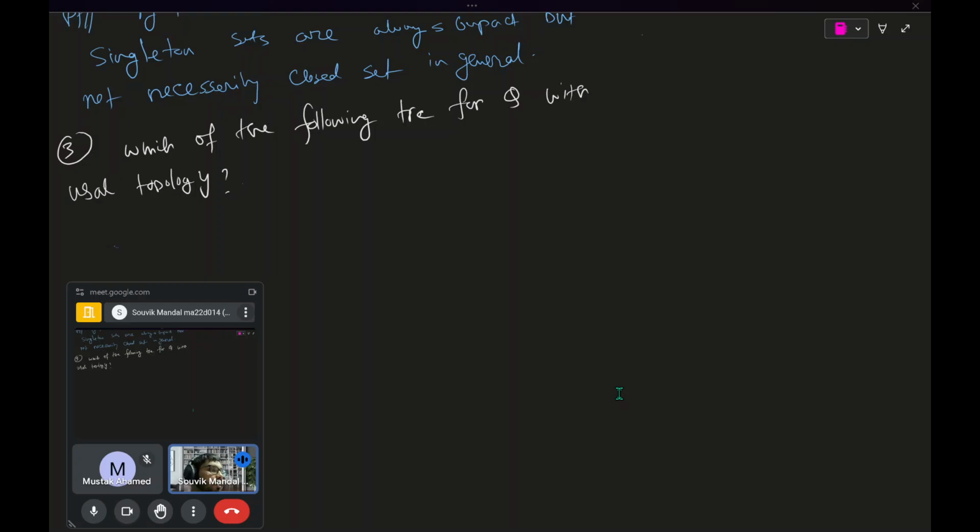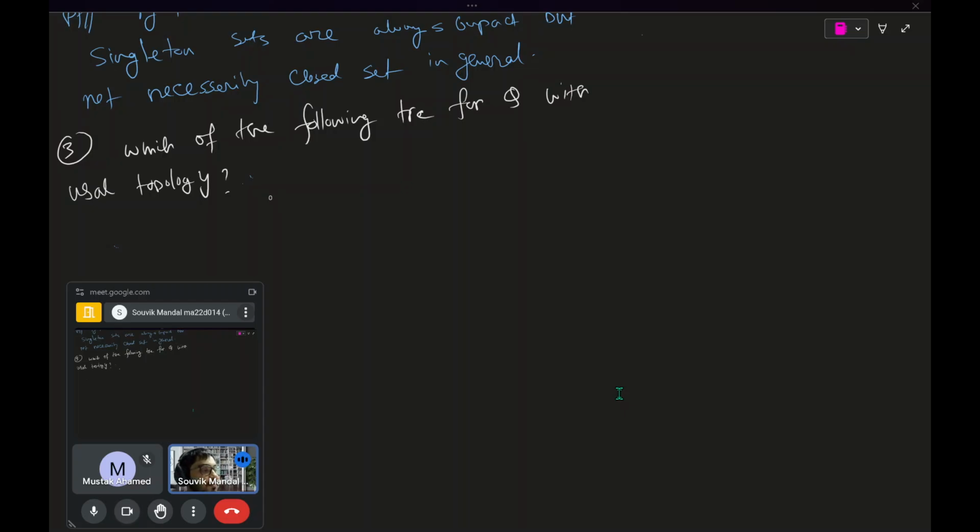So the question is which of the following are true for the usual topology.